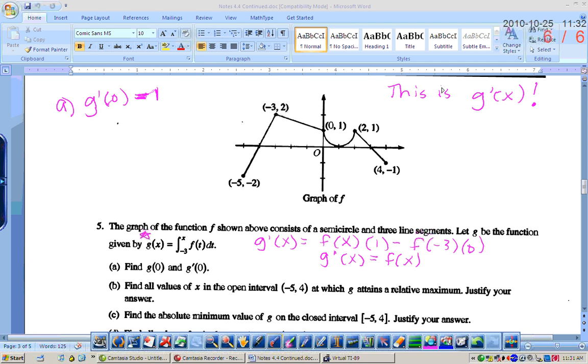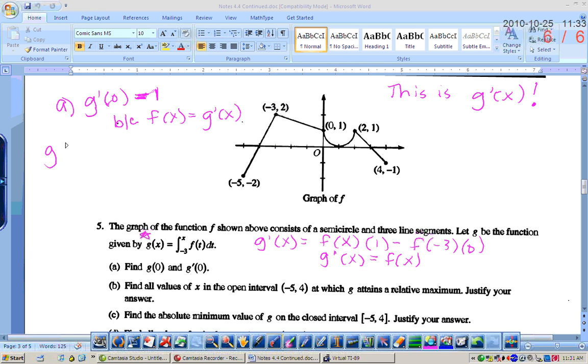If you write on your question booklet, this is g prime of x, that's not going to be graded. But somehow you need to tell the graders that you recognize that. So you could say g prime of 0 equals 1 because f of x equals g prime of x. And then you don't need to say it anymore.